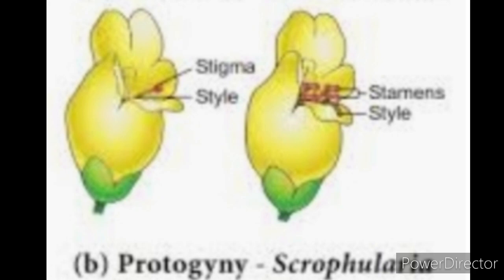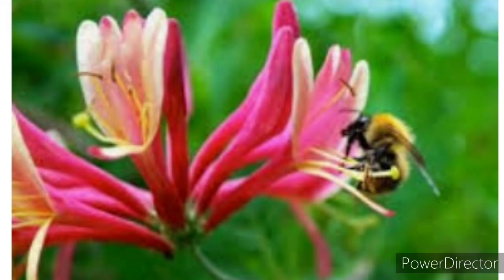That is the first point. In the second point, to encourage cross-pollination and discourage autogamy, the anther and stigma are placed at different positions so that the pollen cannot come in contact with the stigma of the same flower. These two prevent autogamy and encourage cross-pollination.